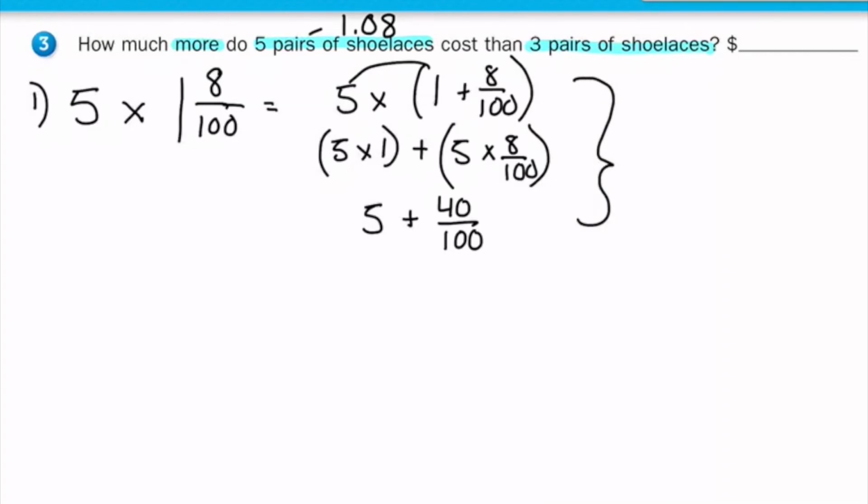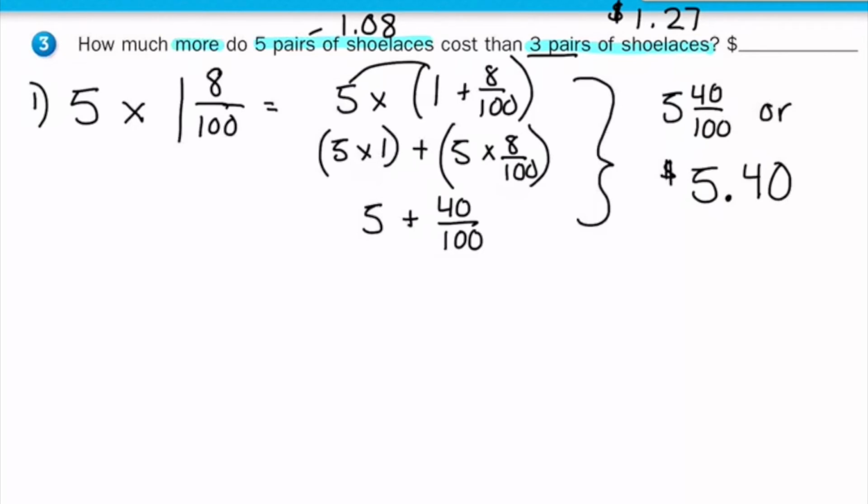So you would get 5 and 40 hundredths, or $5.40. That's step 1.